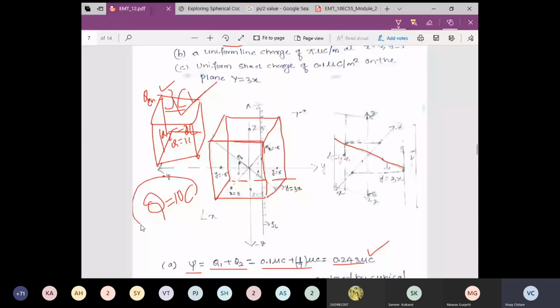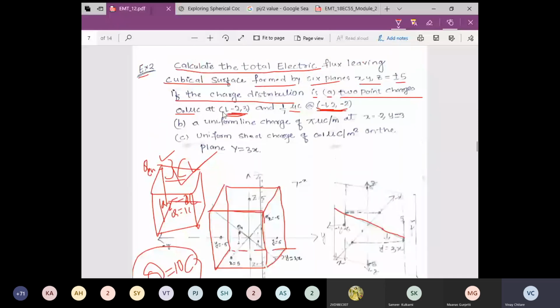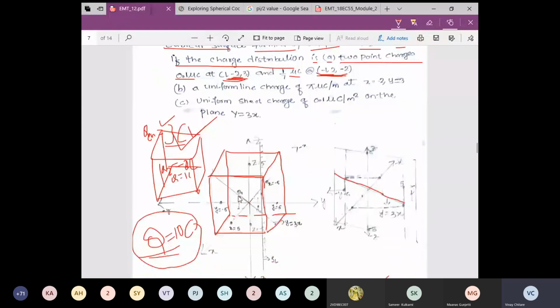In this problem, for the given closed cubical surface, these two point charges were inside, and we confirm that by looking at the coordinates 1 comma minus 2 comma 3, and minus 1 comma 2 comma minus 2. These two points are inside this cubical surface, and hence the flux is the sum of these two charges. Is that clear?